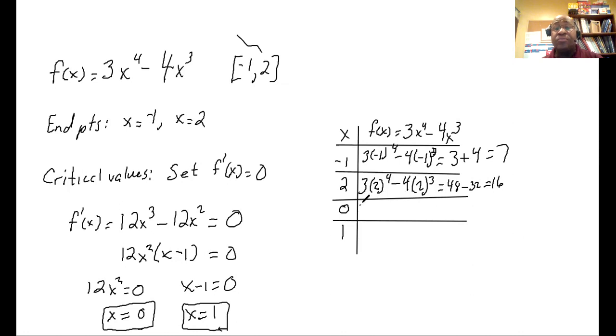At 0, this will be 3 times 0 to the 4th power minus 4 times 0 cubed. So that's just going to be equal to 0. And then at +1, 3 times 1 to the 4th minus 4 times 1 cubed, which is equal to -1.